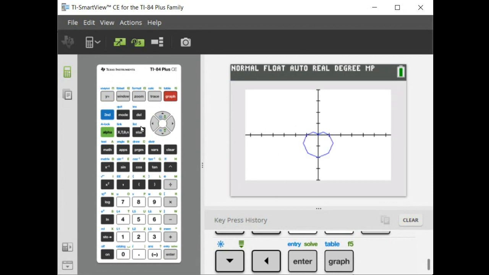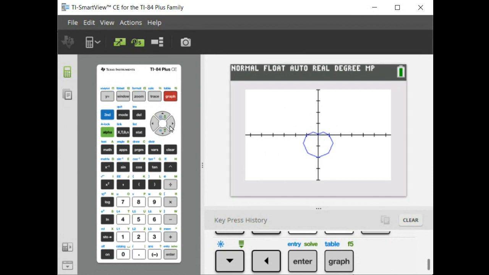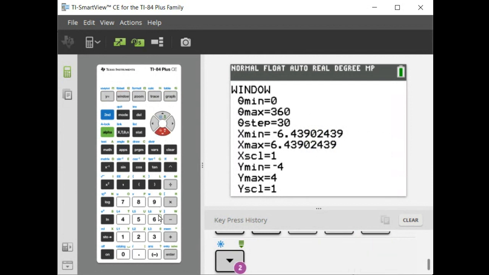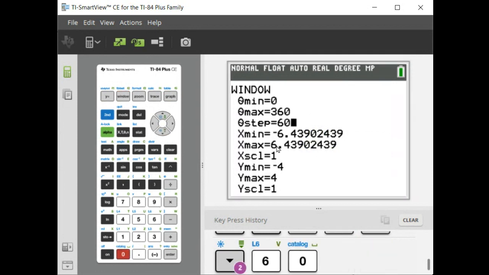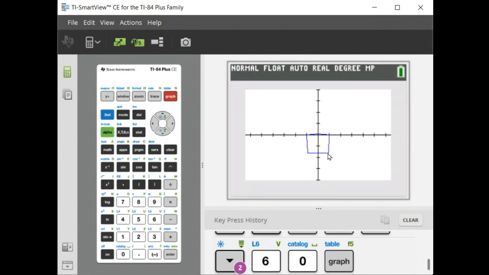At each point that it found, 30 degrees apart, it just adds a straight line, so you get something very jagged. If I increase that further, say 60 degrees, you're only going to see 6 points between 0 and 360. That's not a very good graph.